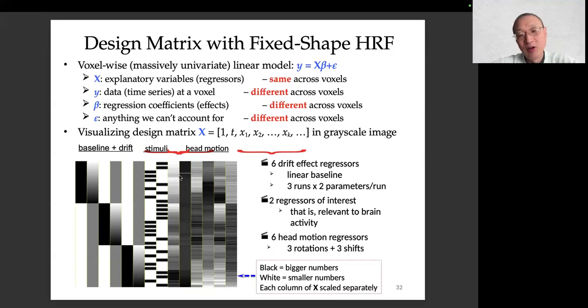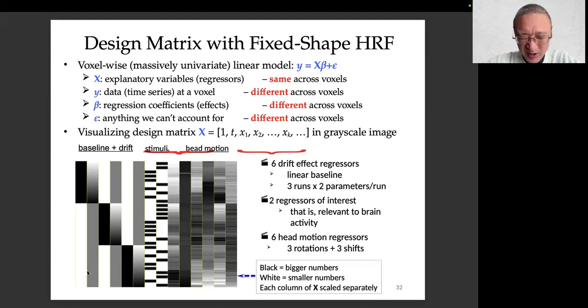That's the typical way we characterize how much head motion. That's the last 6 columns. The first 6 columns, let's focus on the first column. The first column is fully black for the first 1/3 of it. The last 2/3 is totally white. What does it mean? In this case, because we have 3 runs.